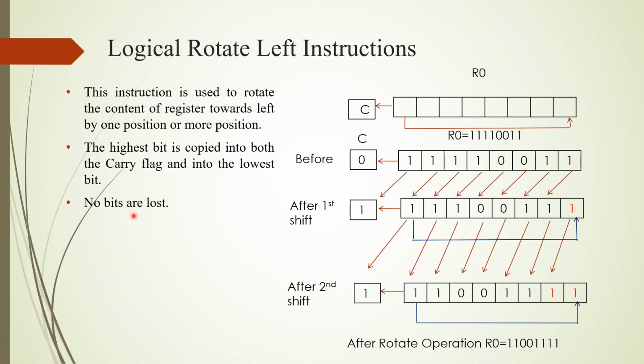No bits are lost in rotate instructions. Example, ROL #2, R0. ROL is an opcode, rotate left, #2 is the number of times the rotate needs to be performed on the destination operand R0.